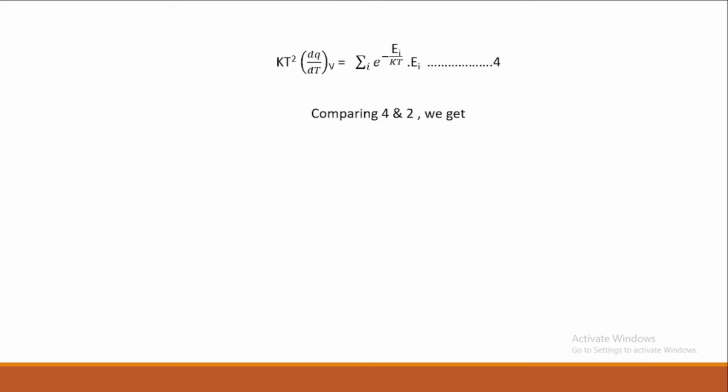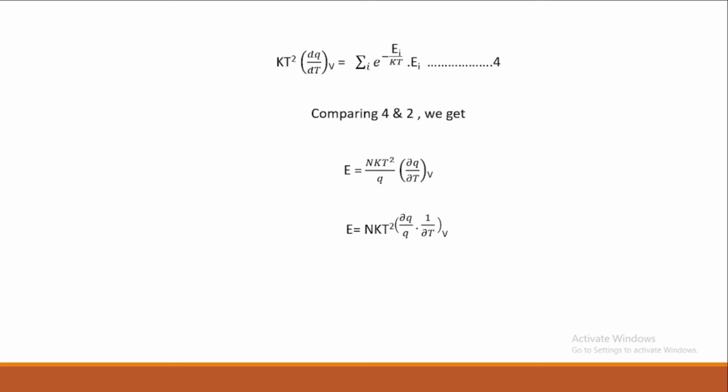So comparing equation number 4 and 2, we get E is equal to NkT square divided by Q into dou Q by dou T at constant volume. So E is equal to NkT square into dou Q by Q into 1 by dou T at constant volume.